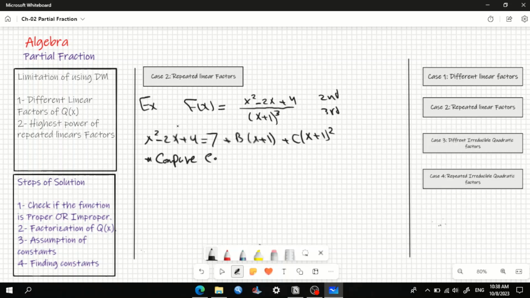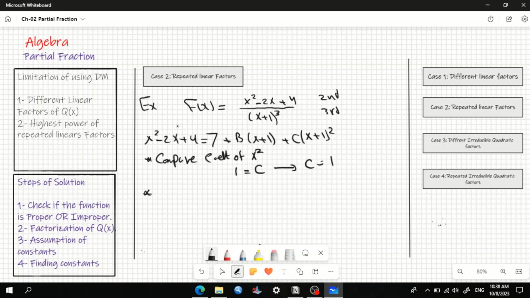Compare the coefficient of x squared. So we have here 1 equal to c, c equal to 1.